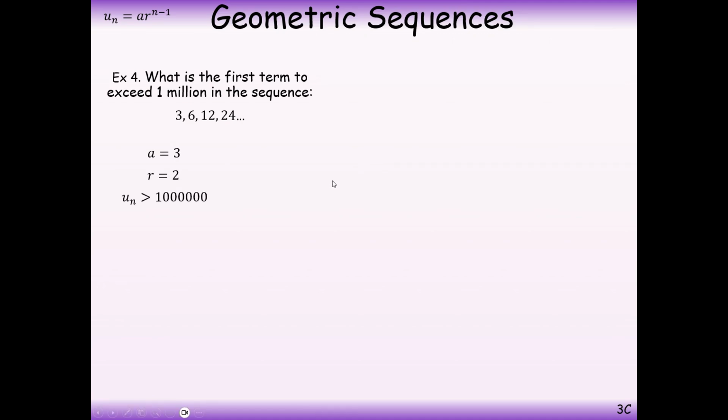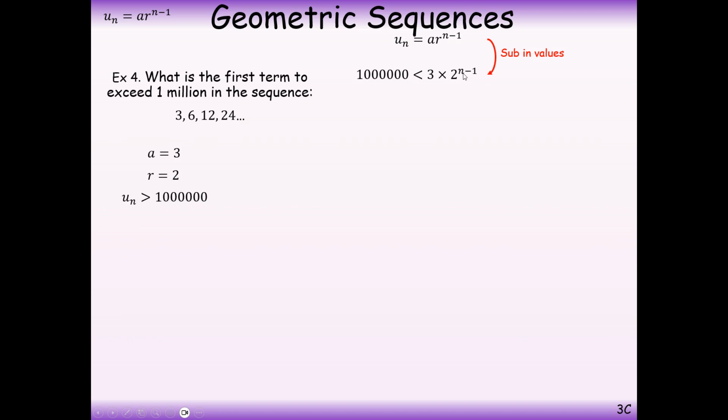So the nth term has to exceed 1 million, which is 10 to the power of 6. So we write a r to the power of n minus 1, and we write this formula exceeding 1 million. One way of writing it is like so. We need to figure out the nth term.